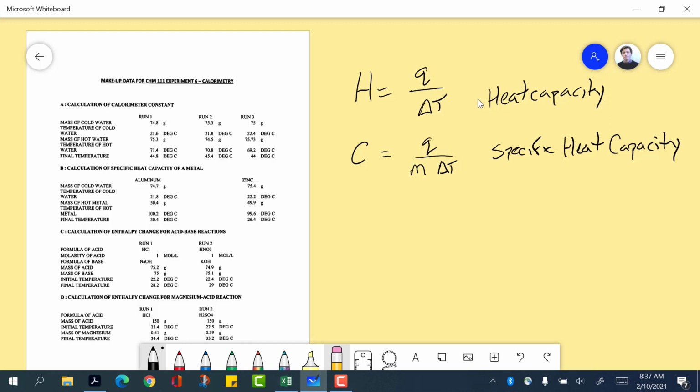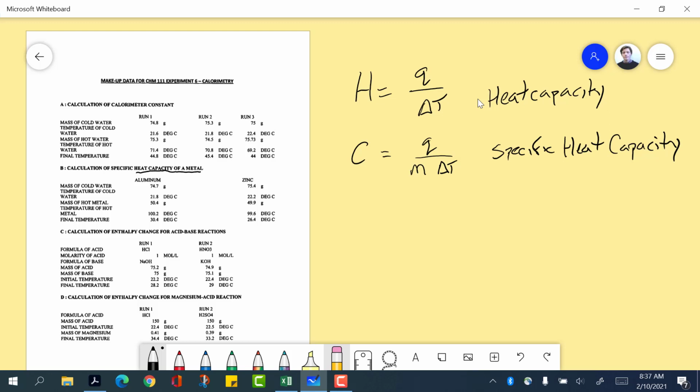This is the amount of heat that's required to change the temperature of 1 gram of material by 1 degree Celsius. And we're going to actually calculate the specific heat capacity for a metal today. So that's part B, calculate the heat capacity of a metal.